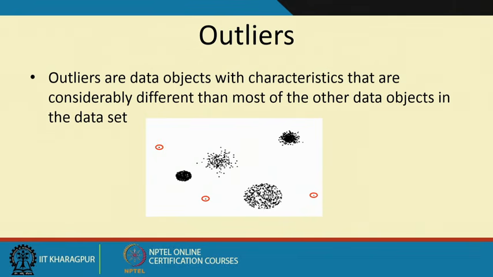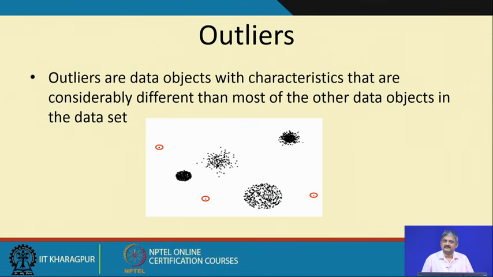One thing related to noise is that of outliers. For example, if your data visually looks like these clusters, these red ones are the points which you can perceive as not belonging to the others. An outlier is something which definitely does not come from the same mechanism that the other data has come from.